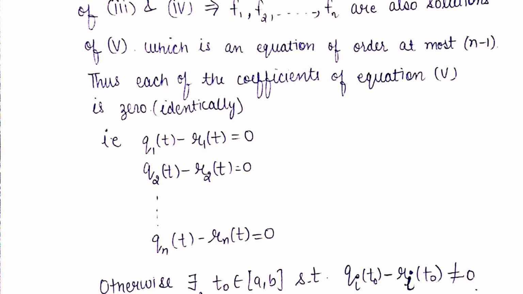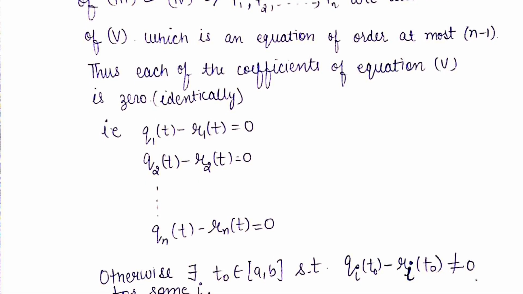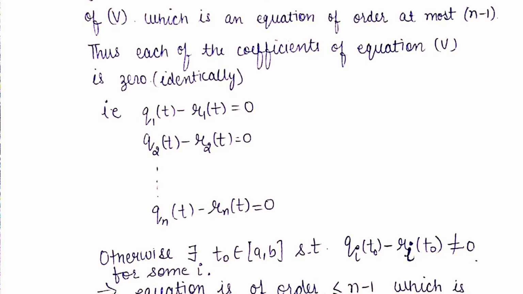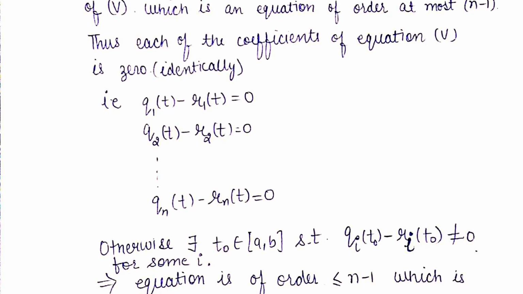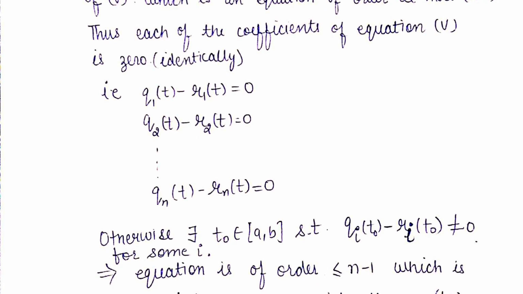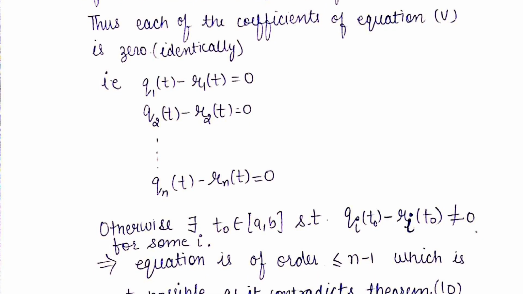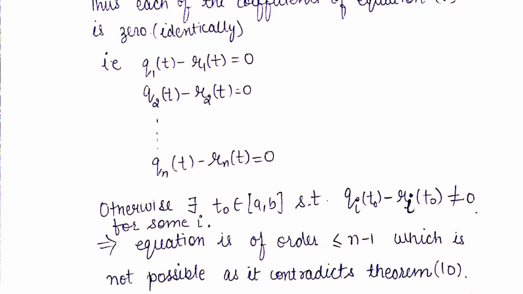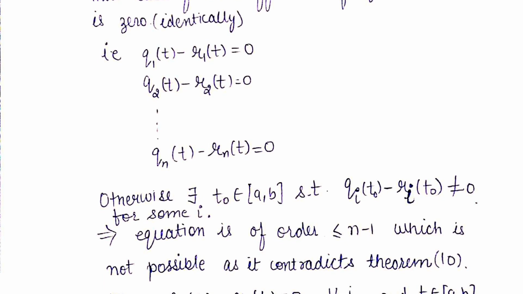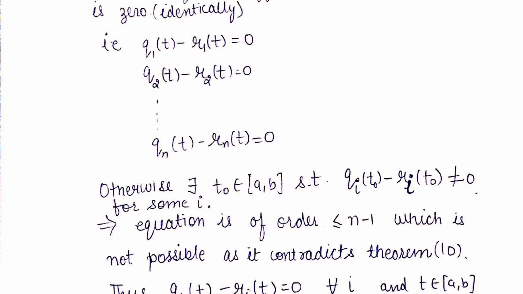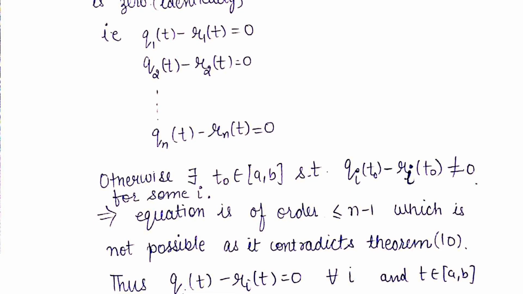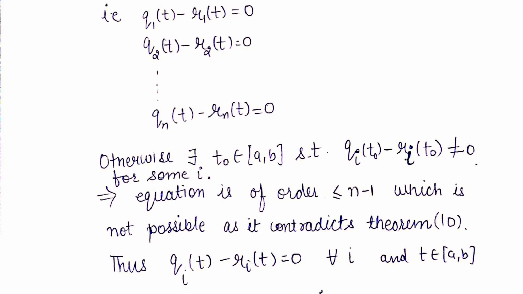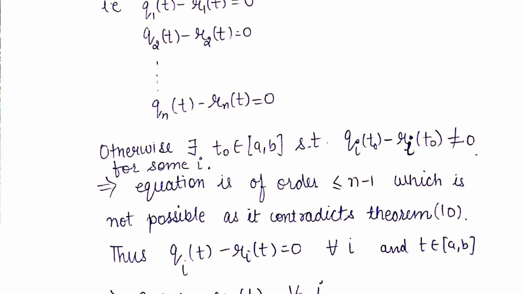Otherwise, if this doesn't happen, there exists some point t0 in AB such that qi(t0) minus ri(t0) is not equal to 0 for some i. And if this is not equal to 0, then the equation is of order less than or equal to n minus 1, having f1, f2, fn as its solutions, which is not possible as it contradicts theorem number 10. Thus, qi(t) minus ri(t) is equal to 0 for all i and for all t in AB.